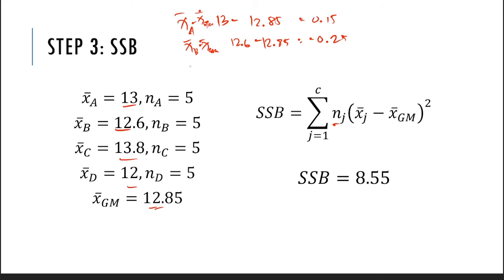So then for our x bar C minus our grand mean, that will be equal to 13.8 minus 12.85. Okay? So, compute na natin para hindi ako nagtatagal.